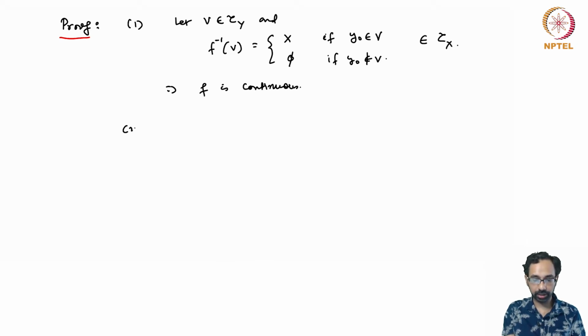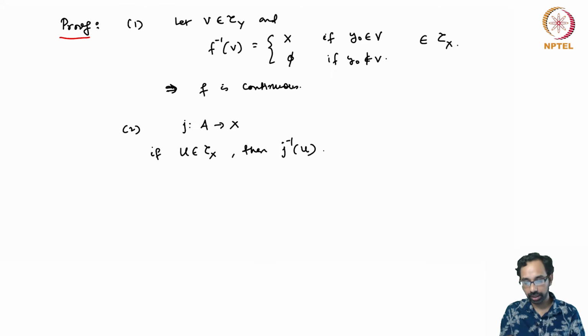For the second one we have the map j from A to X. If U is an open set in X, then j inverse of U is simply the set A intersection U. It is easy to verify this, and I leave it to you as an exercise.